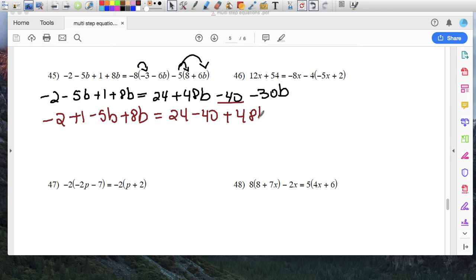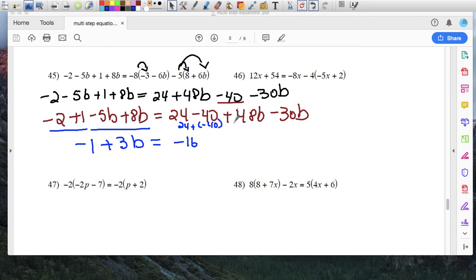So it's a positive 48b minus 30b. So combine like terms: negative 2 plus 1 is negative 1. Negative 5b plus 8b is positive 3b. 24 minus 40 is the same thing as 24 plus negative 40. There's more negatives, so it's going to be negative 16. And 48b minus 30b is just 48 minus 30, which is positive 18b.